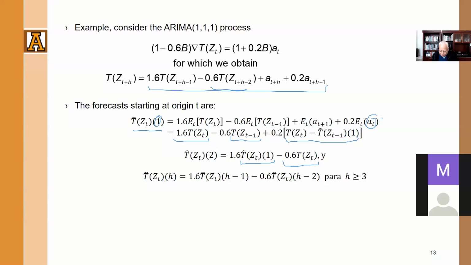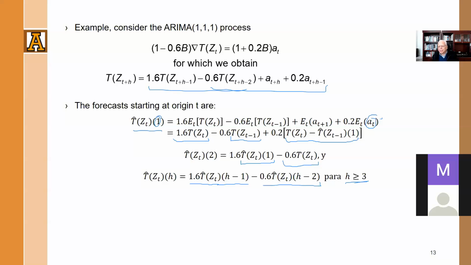And in general, if h is greater than or equal to 3, we will get 1.6 times the optimal forecast h minus 1 periods ahead, minus 0.6 times the optimal forecast h minus 2 periods ahead. So if h is equal to 3, then I would have here t+3-1, that's t+2, that's in the future.